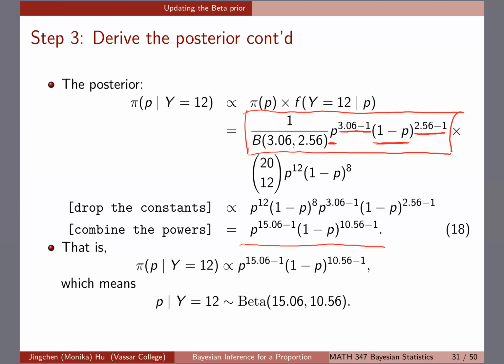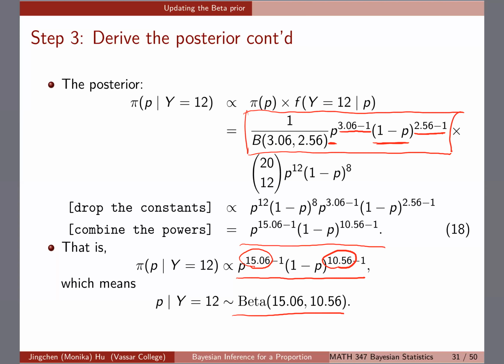So we know that this is the form of what a beta distribution will look like. If we focus on that, don't worry about the constants for now, we know that this should be the first shape parameter, and this should be the second shape parameter. And then we come to the point that it's going to be a beta 15.06 and then 10.56.